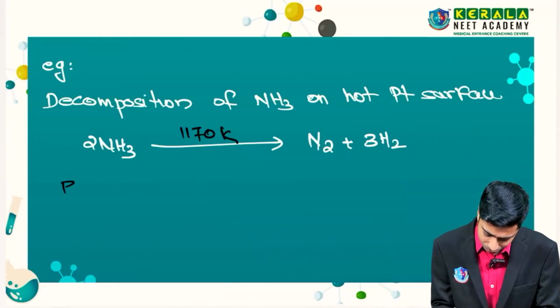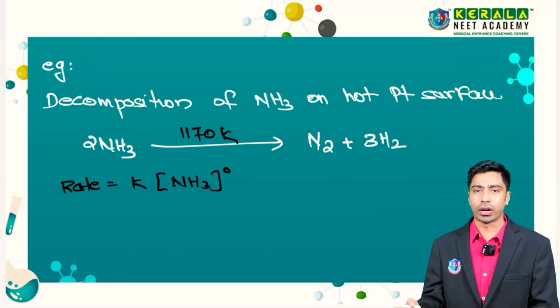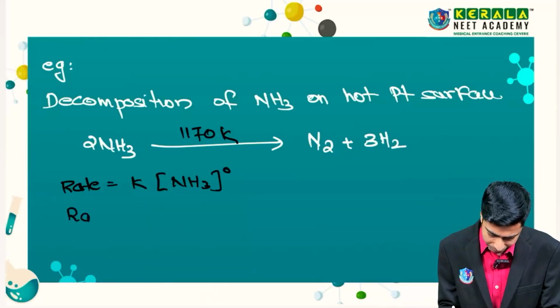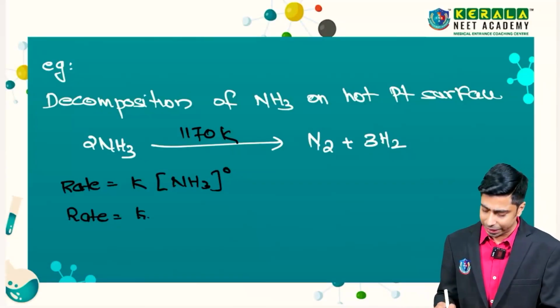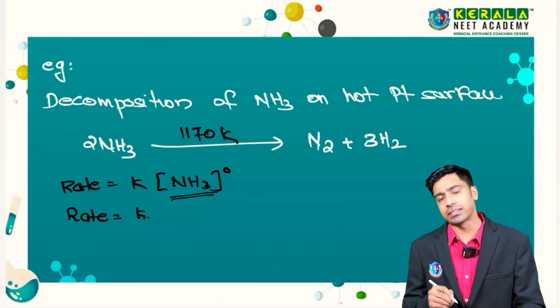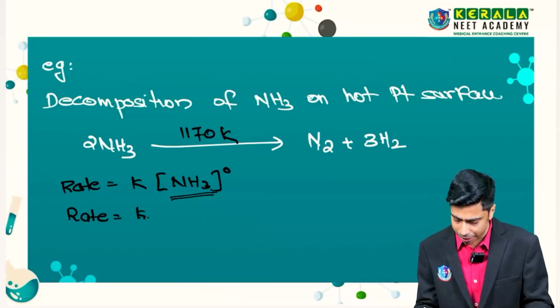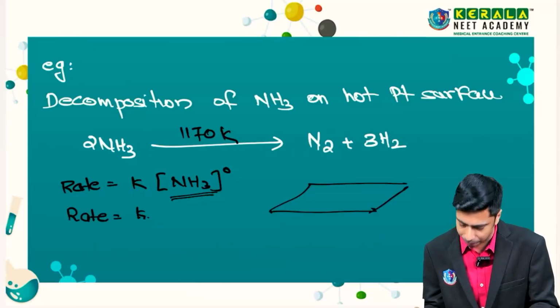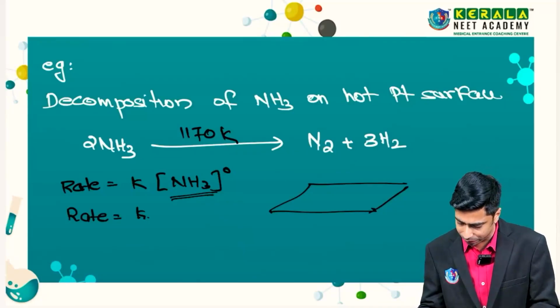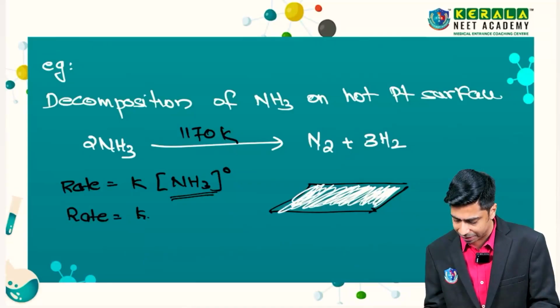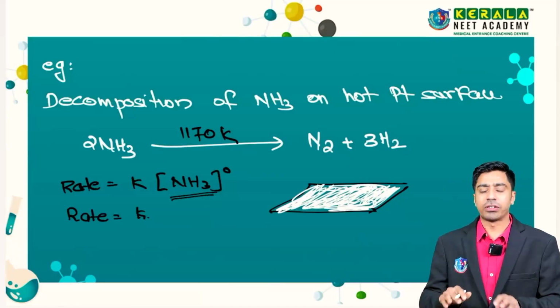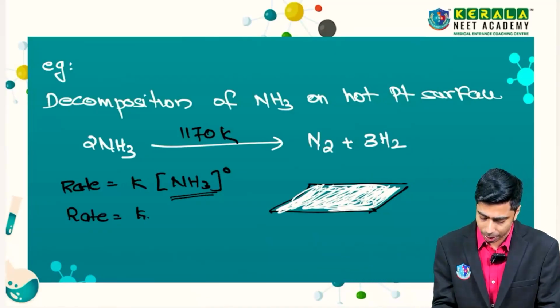So we can say that the rate of this reaction is equal to K into the concentration of NH3 raised to 0. Because it's a zero order reaction, the rate is equal to a constant. Now why is the rate of the reaction independent of the concentration of reactant? The reason is that at high pressure, the platinum surface will get saturated with the gas molecules. That means all the surface of the catalyst will be occupied by ammonia molecules.